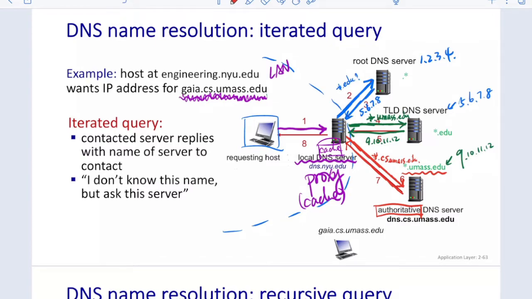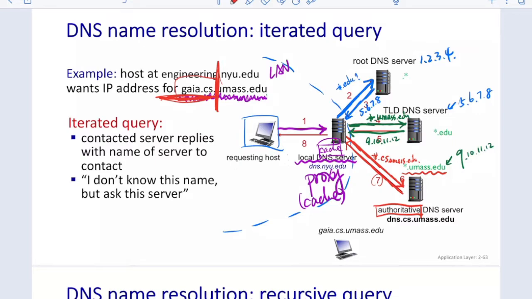So after that, in the response at the seventh step, it may get the answer, no matter how long the domain name is or how many different dots it has, as long as it ends with umass.edu and this authoritative name server can resolve the answer.